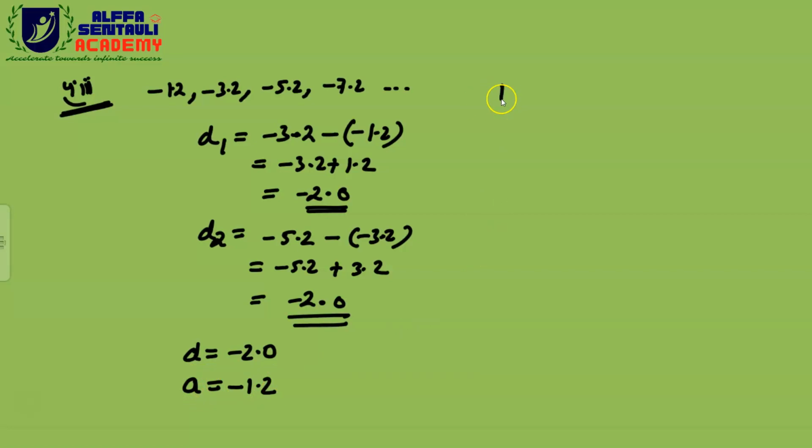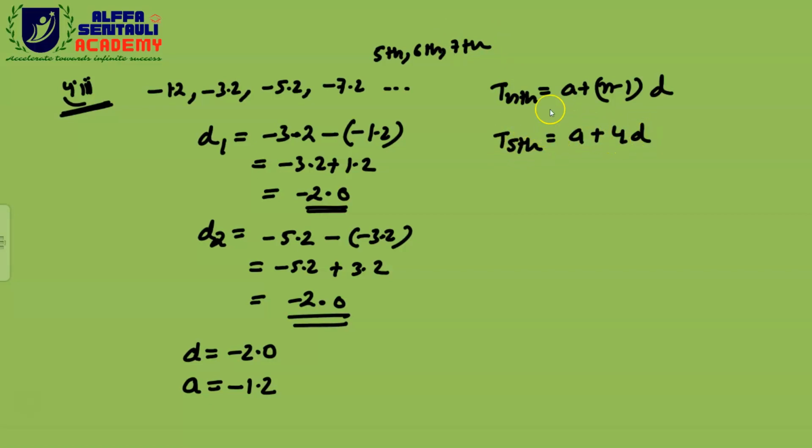So we know the general formula, that the nth term must be equal to a + (n − 1)d for an AP, correct? Up to the fourth term is given. We need to find the 5th term, 6th term, 7th term, right? Three more terms. So the 5th term will be what, beta? a + 4d, correct?